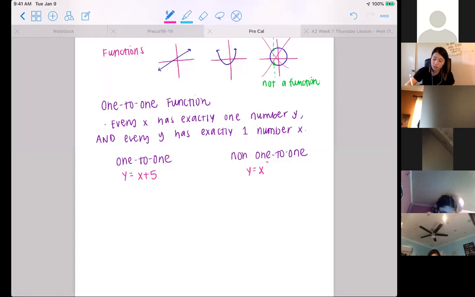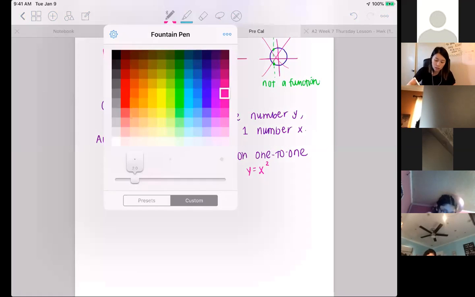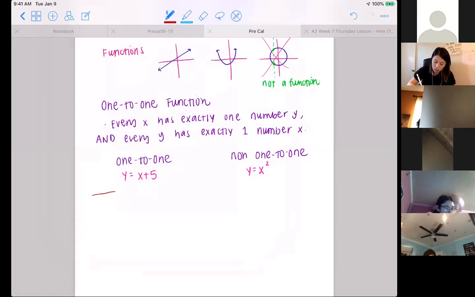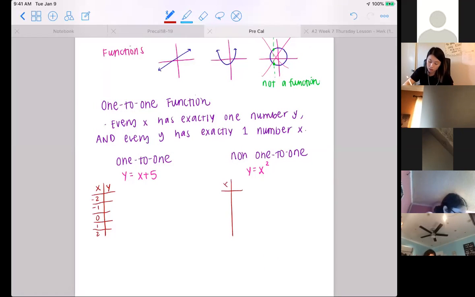If I do my x and y over here, let's say I use -2, -1, 0, 1, and 2. The same thing over here, so I'm doing two graphs at the same time.